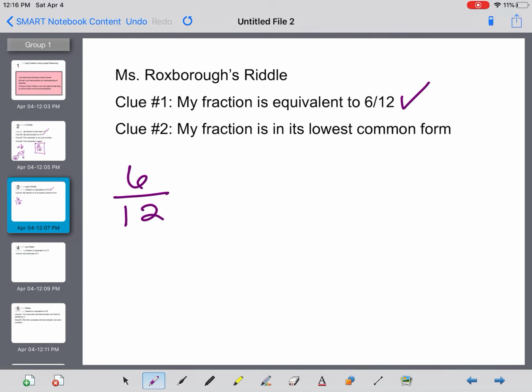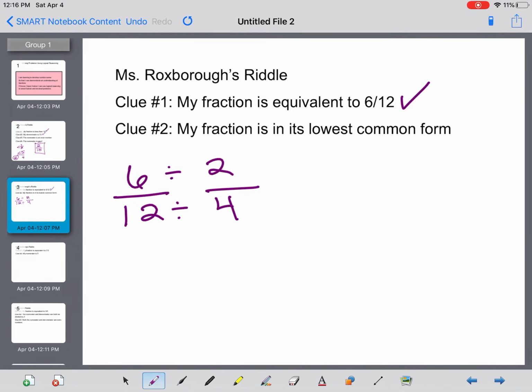So I know that I can divide both of these numbers by 6. Actually, let's start off. Maybe you don't know that both of these numbers divide by 6, but you know that they both divide by 3. So let's start with that. I'm going to divide both of them by 3. 6 divided by 3 gives me 2, and 12 divided by 3 gives me 4. Then I look and I realize I can go a little bit lower.